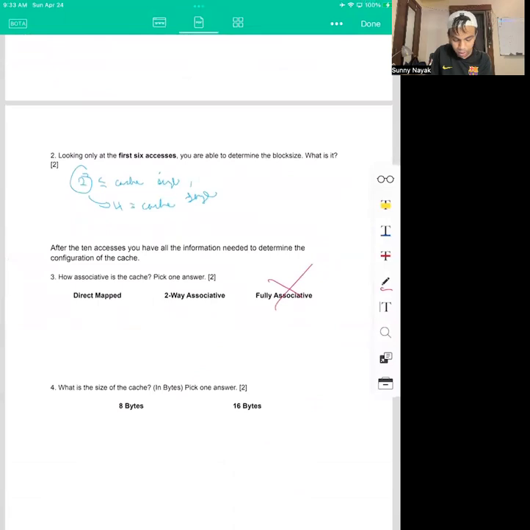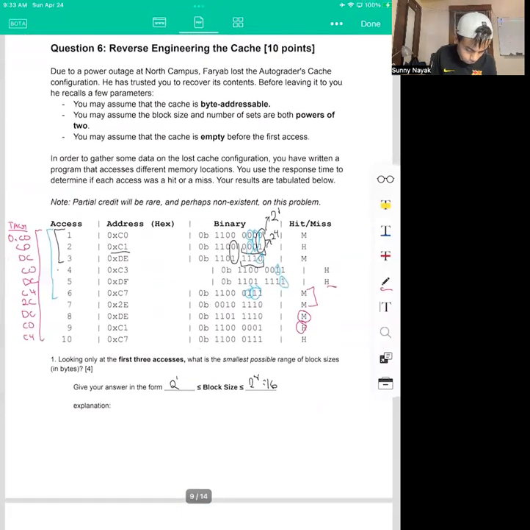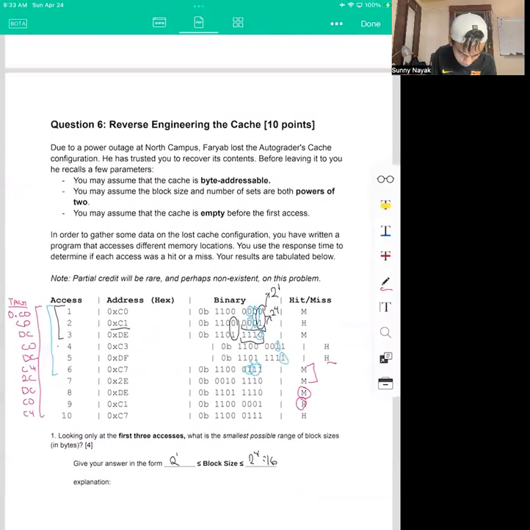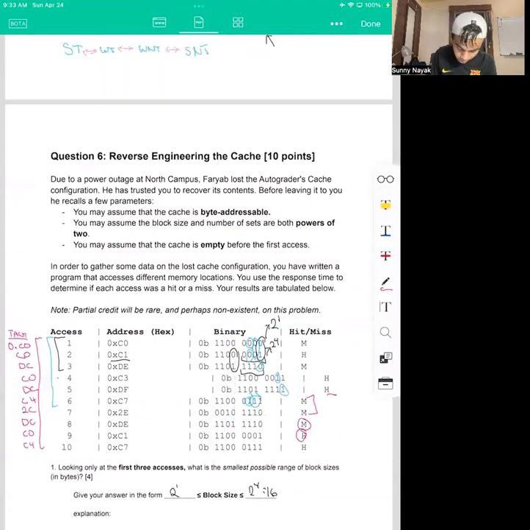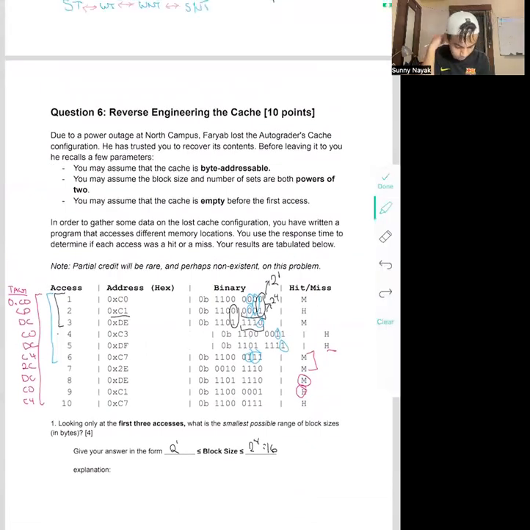So now we know it's between directly mapped and two-way associative. This is where I messed up a little bit last time, so hopefully I'll do this right. How do we know if it's directly mapped or two-way associative? Two-way associative, recall, is the idea that I have a bunch of sets.